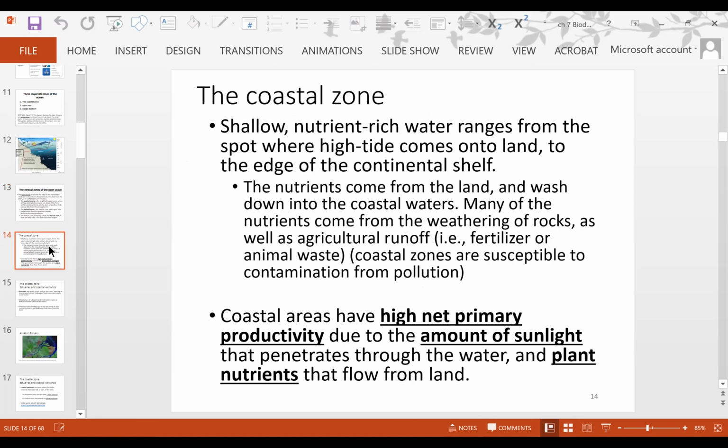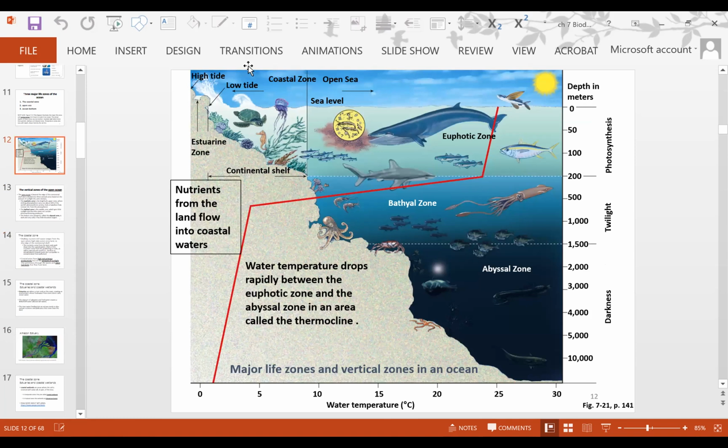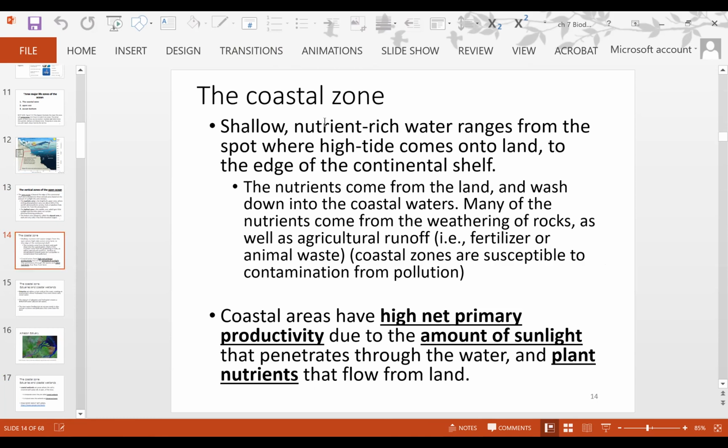So going back to the coastal zone, which again is up here. The coastal zone is shallow and rich in nutrients. And it goes from the spot where high tide comes onto land down to the edge of the continental shelf.